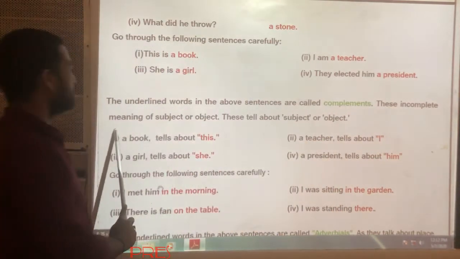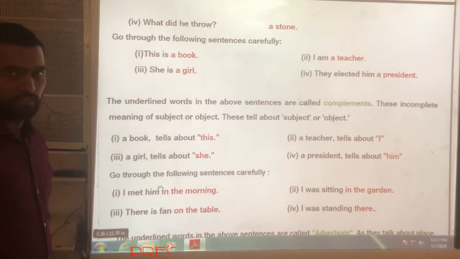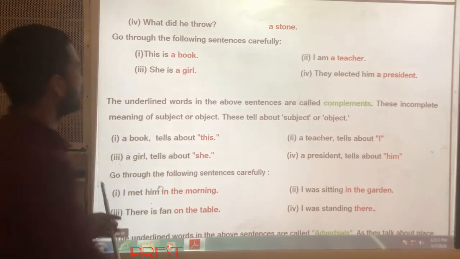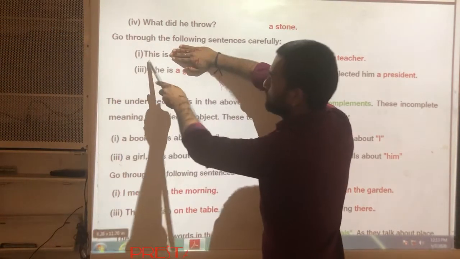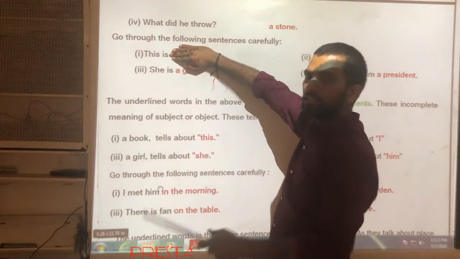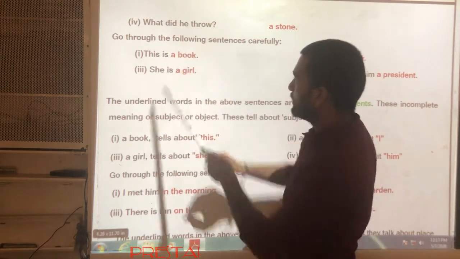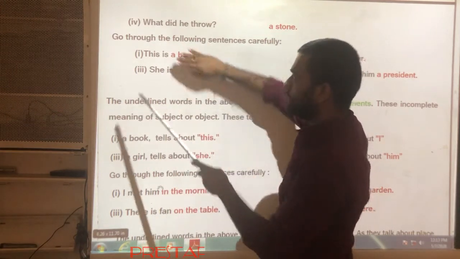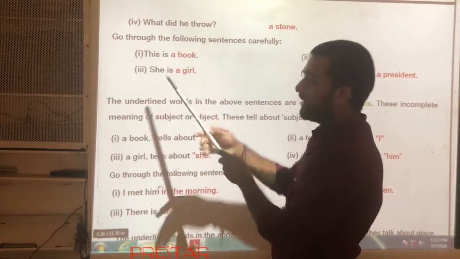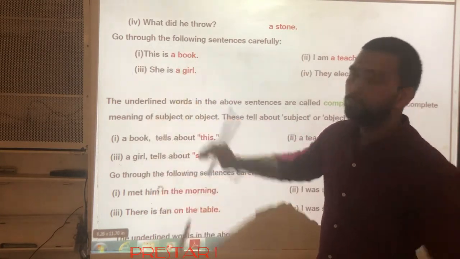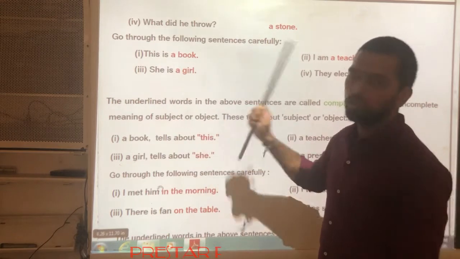These complete the incomplete meaning of the subject or object. For example, in the first sentence, let us discuss only "This is". What is the meaning of this sentence? "This is." There is no meaning, yes or no? So without "a book", there is no meaning. If we add "a book" to this sentence, then there is a perfect meaning: this is a book.